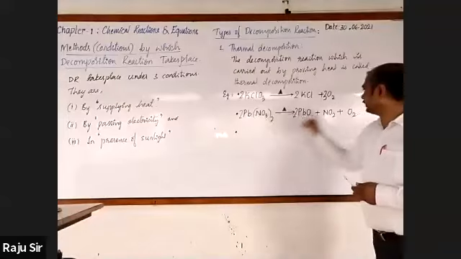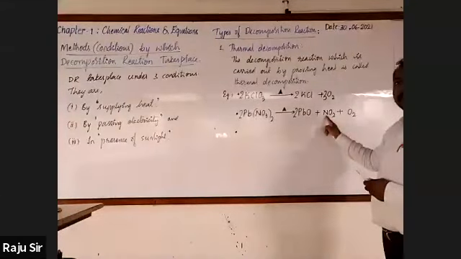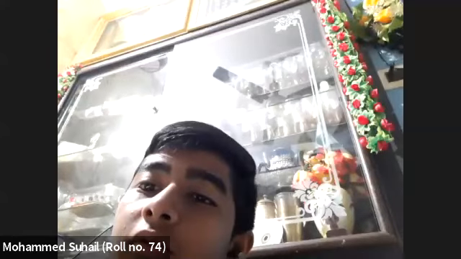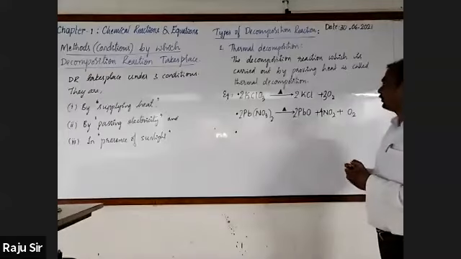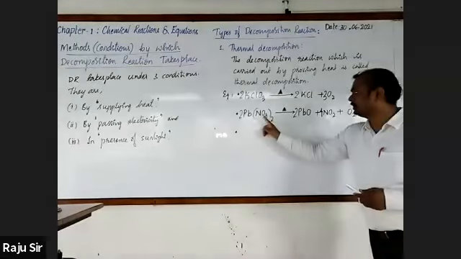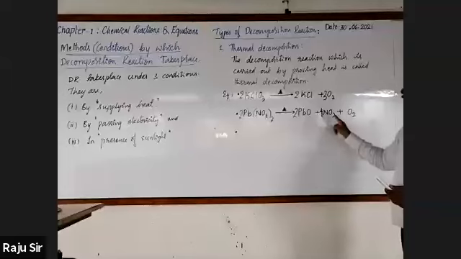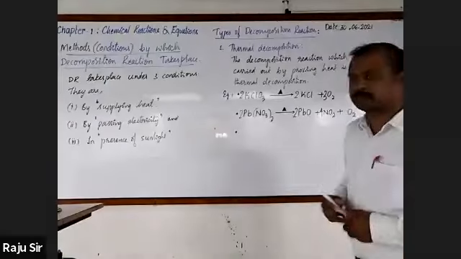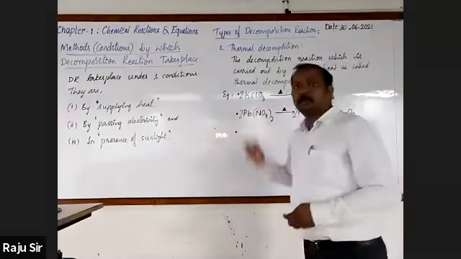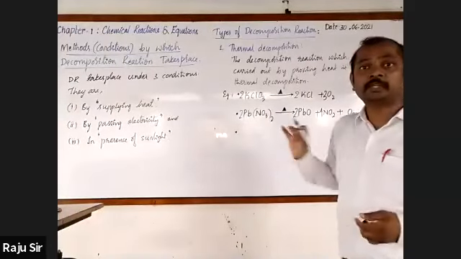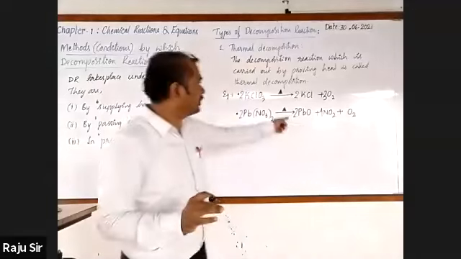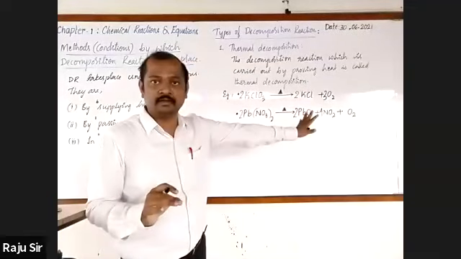Nitrogen, 2 atoms, 2 times 2 is 4. Nitrogen 4 here, 4 here. Oxygen, count it. 3 twos are 6, 6 twos are 12. Here, 4 twos are 8, plus 2, 12. It is balanced. Yes, sir. This is also one of the chemical reactions used for obtaining oxygen.